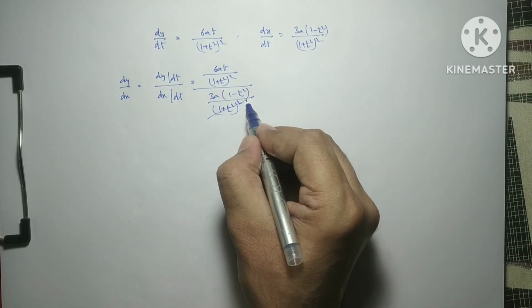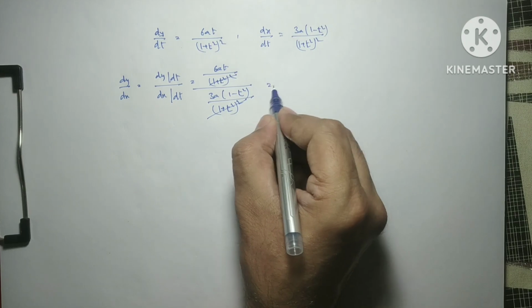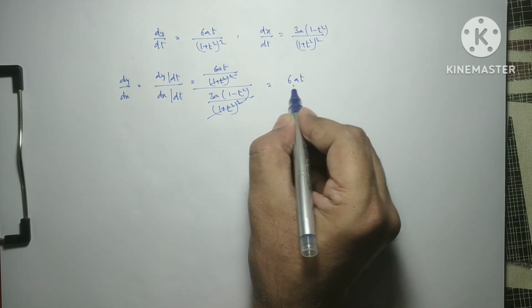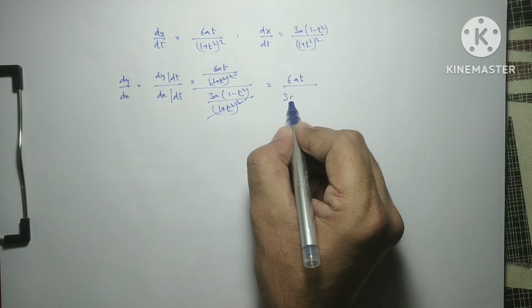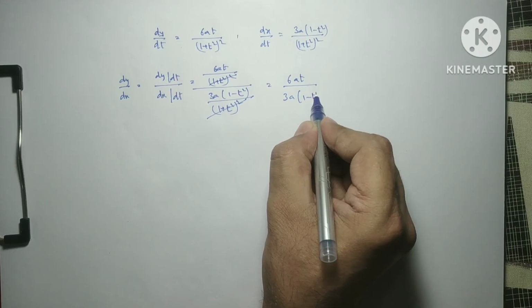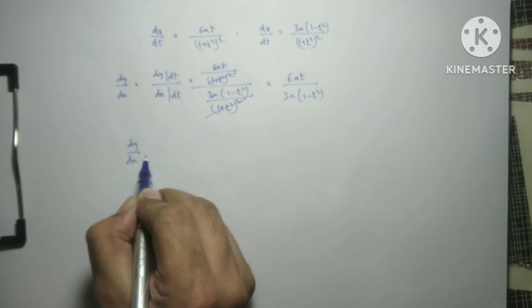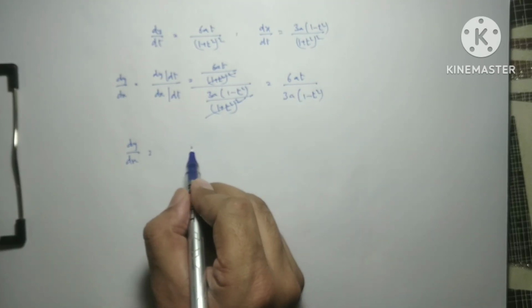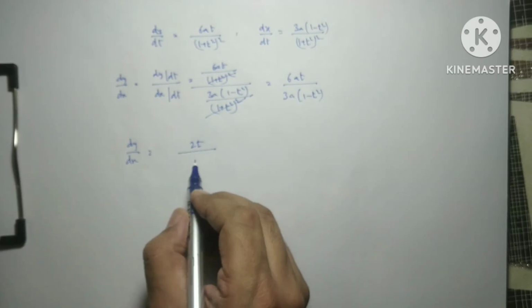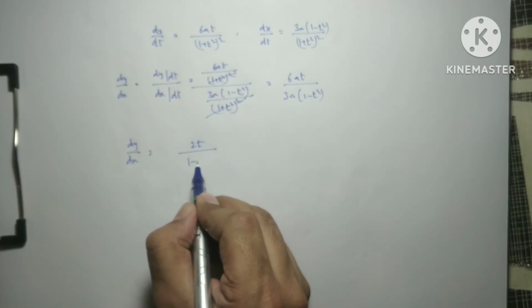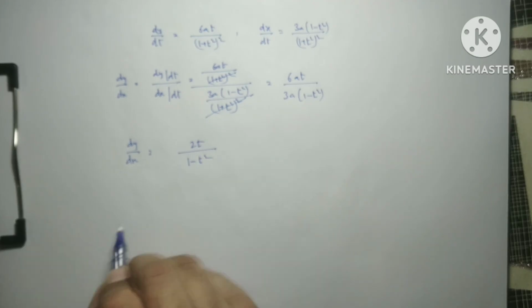You want dy over dx, so it is dy over dt over dx over dt. So the denominators cancel out. You get 6a square divided by 3a 1 minus t square. So you get dy over dx, 3a cancels out, 2t over 1 minus t square.